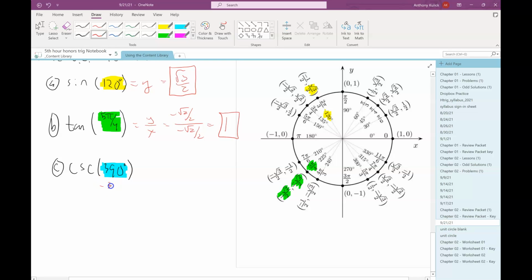So basically I can just subtract 360 and we'll find the 30 degrees. Cosecant is 1 over y. The y in this case is 1/2. 1 over 1/2 is just 2.